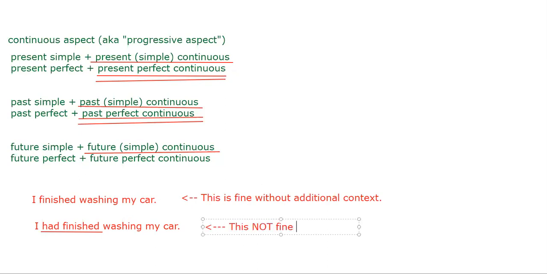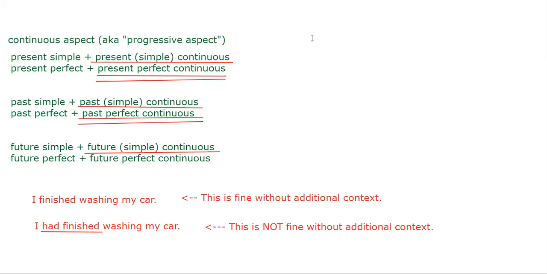This is not fine without it. As you can see, the past simple doesn't necessarily need context to make itself understandable. But the past perfect, you do need additional context. If you use the past perfect like that, people are going to be like, okay, you had done something, but what else happened? When what?